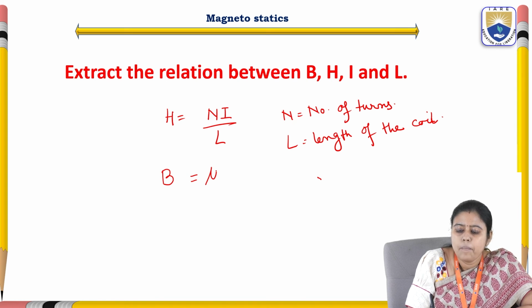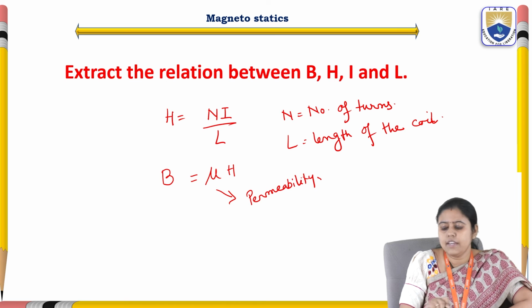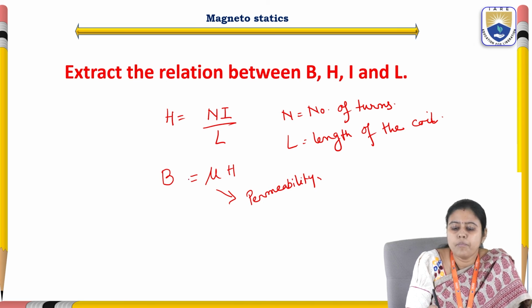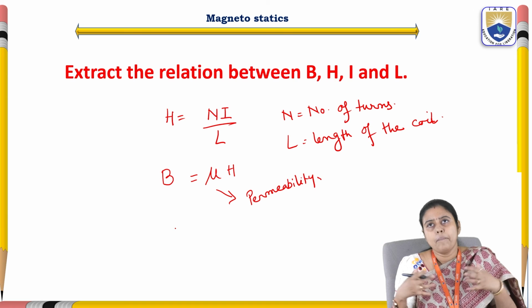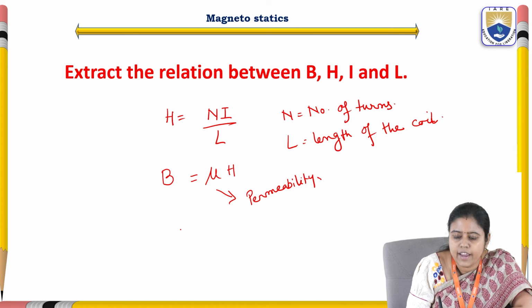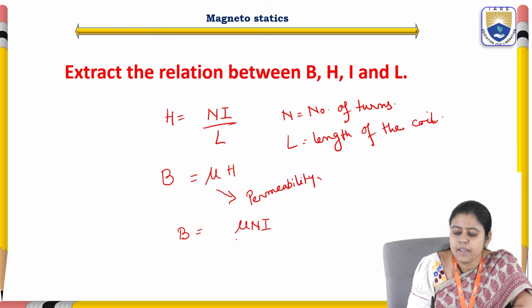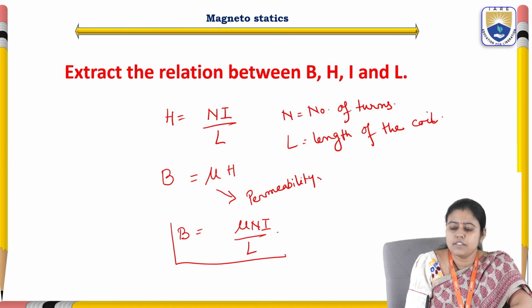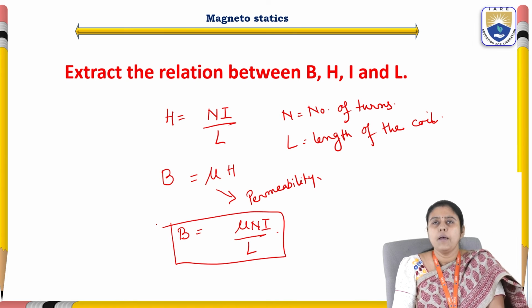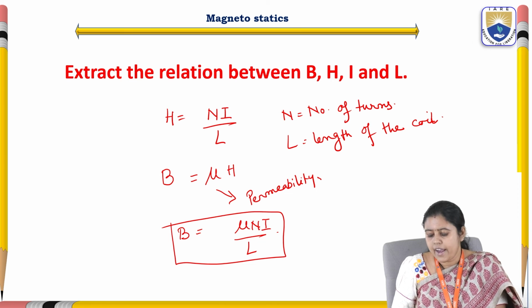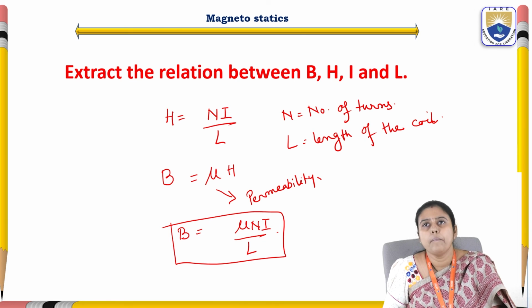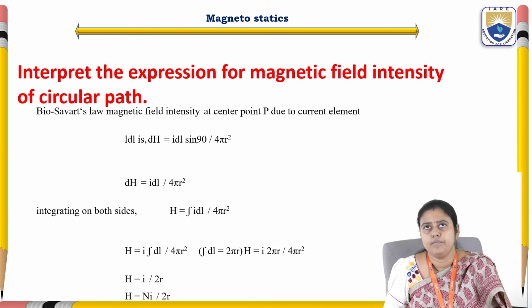B is equal to mu into H, where mu is the permeability of the medium. If we combine these two equations, we can write B is equal to mu N I by L. So this is the relation between B, H, I and L.